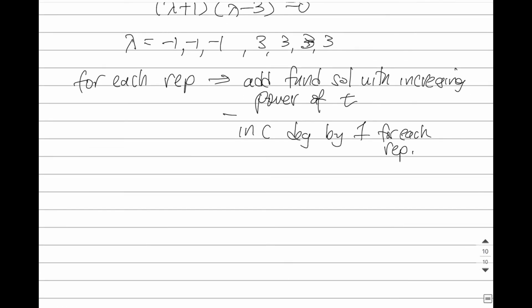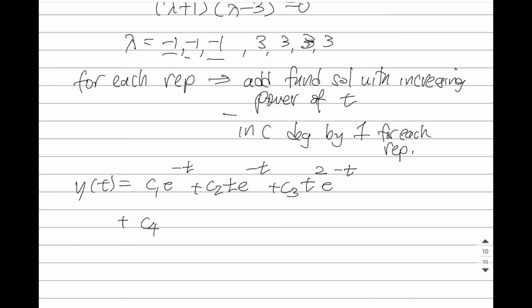And so what I mean there is the general solution is going to be c1 e to the minus t, c2 t e to the minus t, c3 t squared e to the minus t to deal with the 3 repeats there. And for the other terms, c4 e to the 3t, c5 t e to the 3t, c6 t squared e to the 3t, and c7 t cubed e to the 3t.